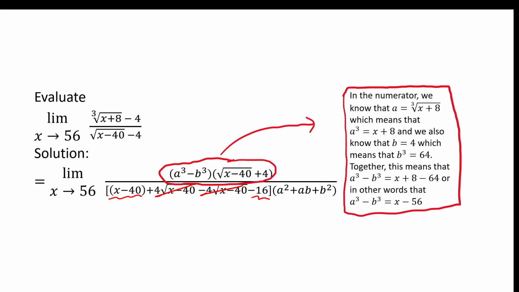That means a cubed is x plus 8. And we know b is 4, so minus b cubed is going to be minus 4 cubed, which is minus 64. X plus 8 minus 64 is x minus 56.